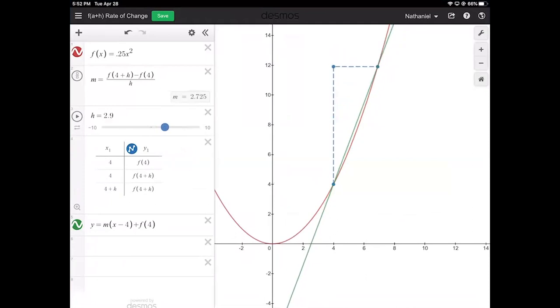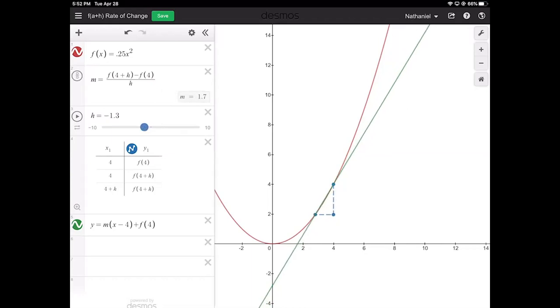If I take that value h, which is the distance, and make it smaller, my points get closer together, my secant line becomes closer and closer to my tangent line, and it becomes undefined when a and a plus h are the same. There we go, moving out.